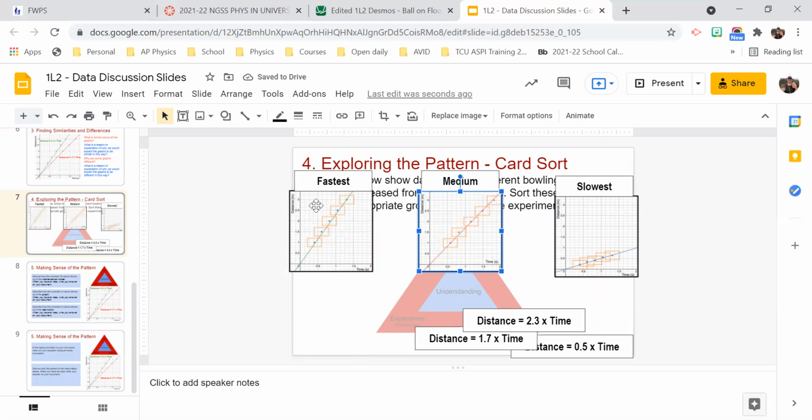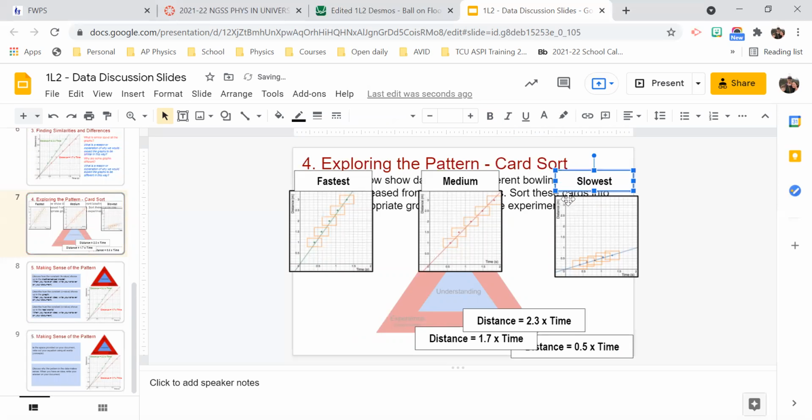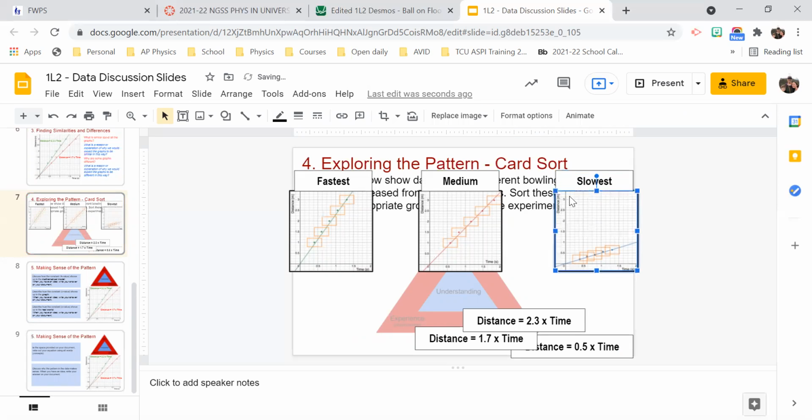If I compare all three of them, I need to make sure that they are all the same scale. If it's all the same scale, then you can compare it based on the line. But if it's not, then that's a problem. And the same scale means it goes from 0 to 3. This one also goes from 0 to 3 and 0 to 3. And on time, the furthest time that we have is 2 seconds, and that's the same for all of them. So we can compare now with the slope of our line.